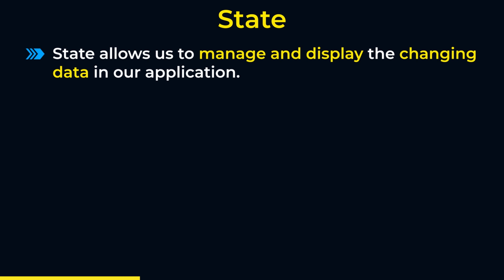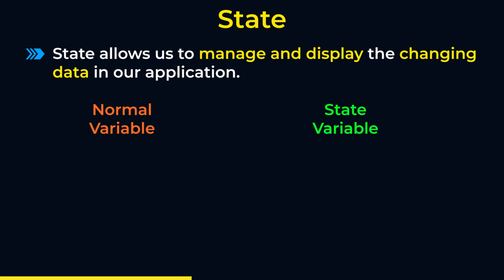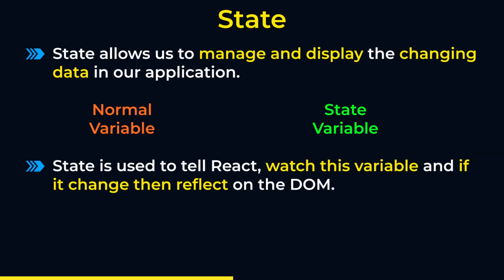When we define our variable as a normal JavaScript variable, then React will not reflect the changes if we change that variable value. But if we define our variable as state, then React will reflect the changes if we change that variable value. So in simple words, state is used to tell React what this variable is, and if it changes, then reflect that change on the DOM.